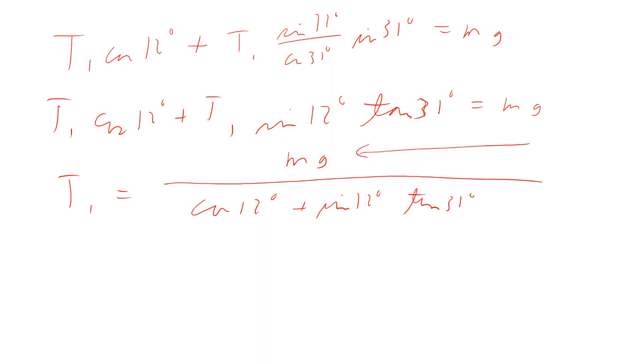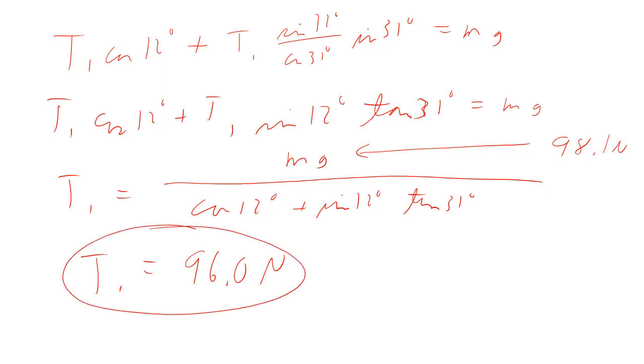mg, you remember, was 98.1 newtons. So if I plug all that in, then we get that T1 is 96 newtons. Well, we already have a formula for T2. T2 was T1 sine 12 degrees over cosine 31 degrees.